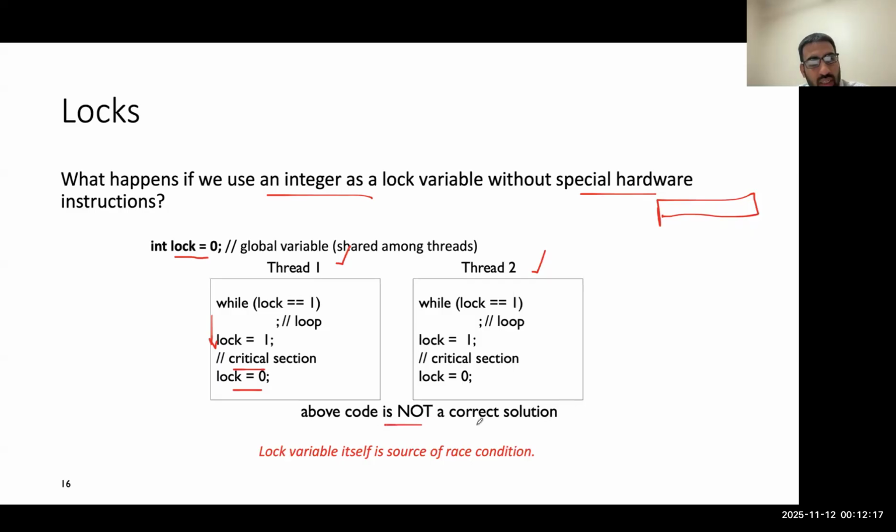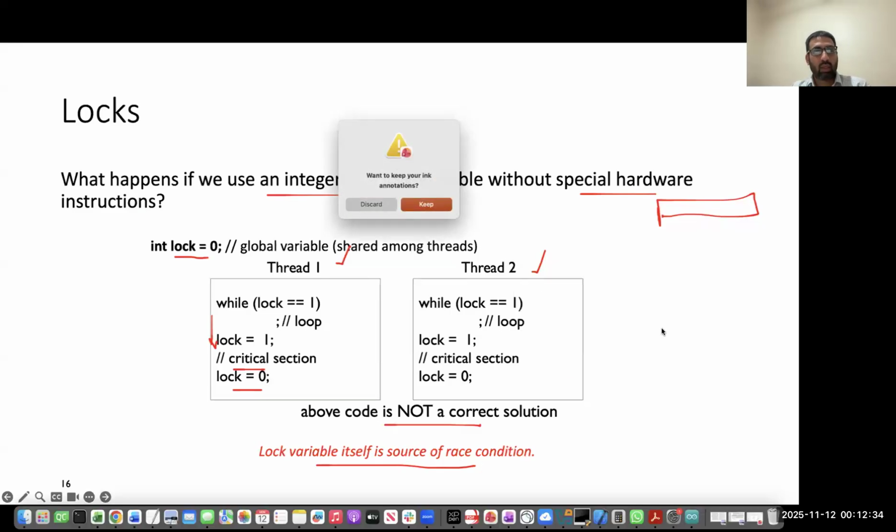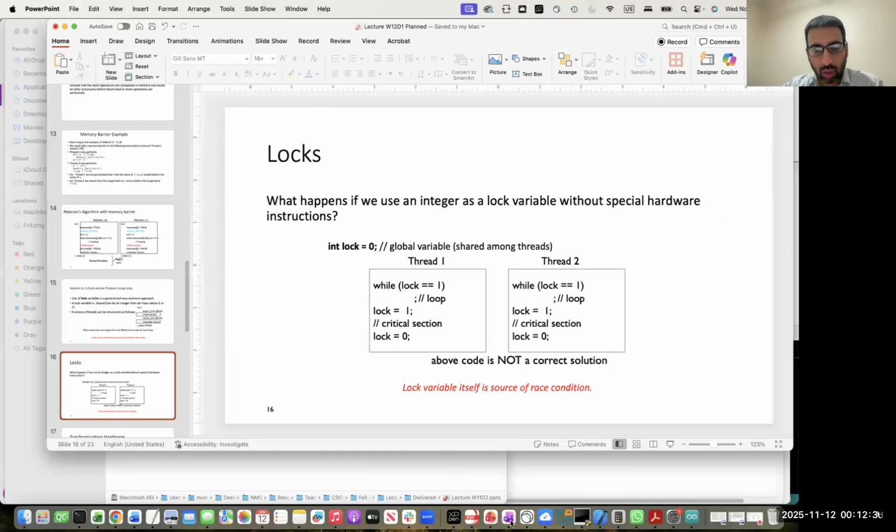Now, let's consider how this code is not a correct solution and what is the reason behind that. Here we have a statement that the lock variable itself is a source of race condition. Let me explain how it becomes a source of race condition by going to OneNote.